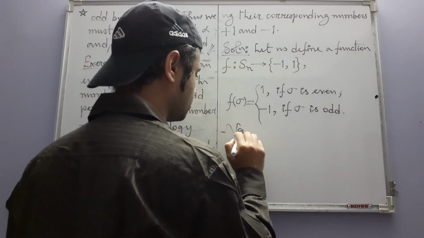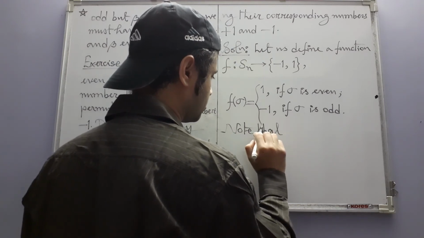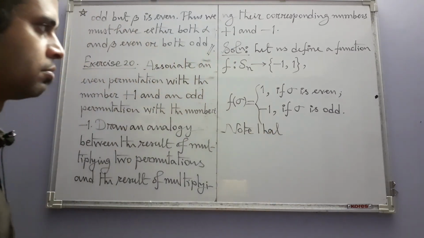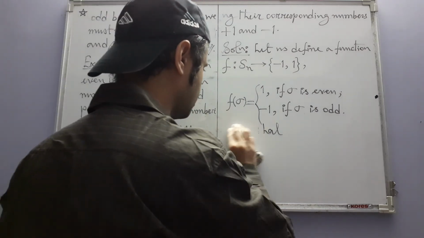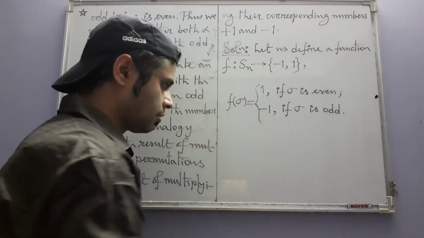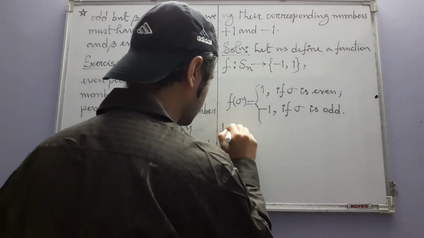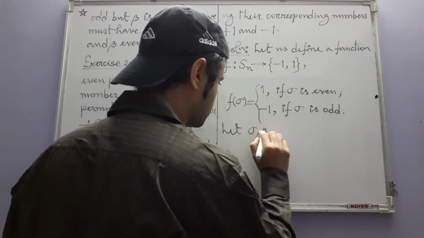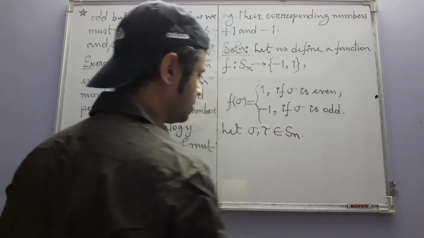Let us first take two permutations. Let sigma and tau belong to Sn.